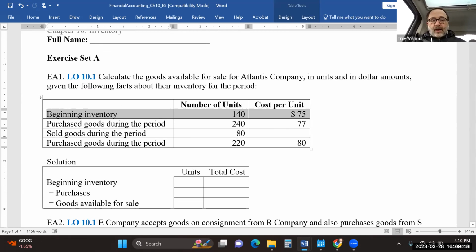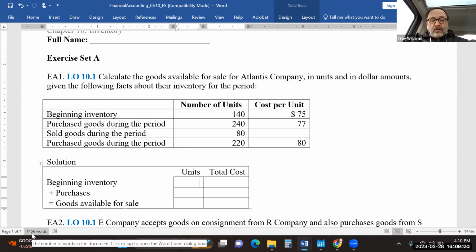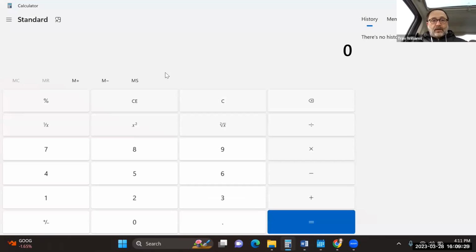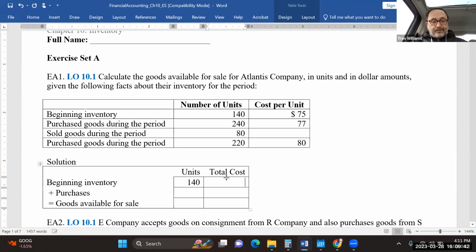So we're going to break it down that way, and we see 140 units of beginning inventory, and that costs $75 each. So we'll put 140 times 75. So that's $10,500 of beginning inventory, right?